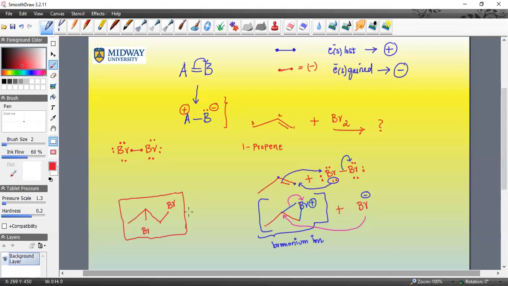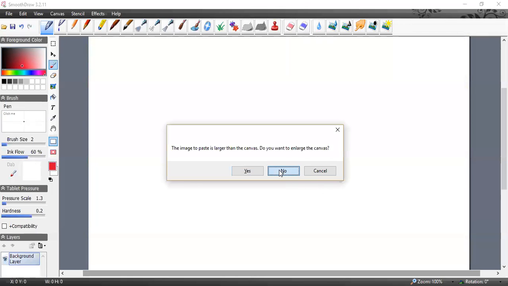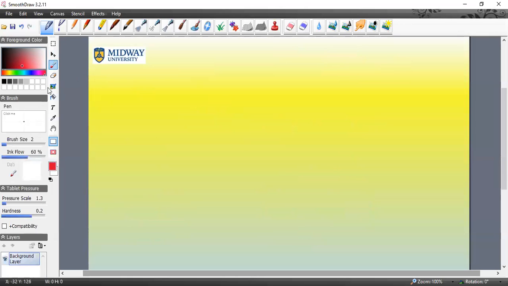So it's really important that you drive through a process. Let's look at one more example so that you get the idea. But this time, I'm not going to write all the extra electrons, just to keep it simple. So this is the double bond plus Br2.